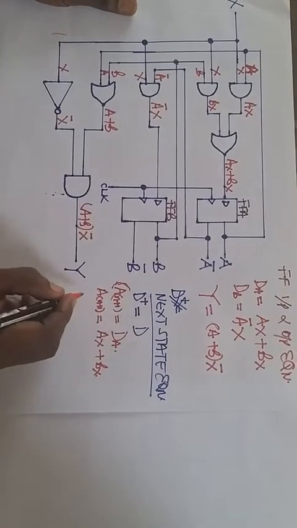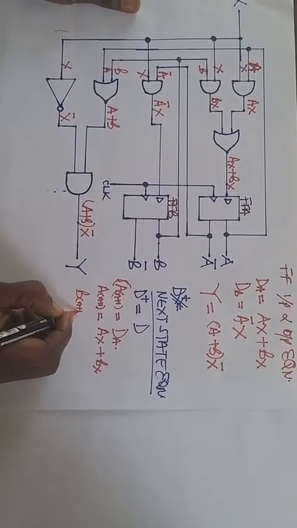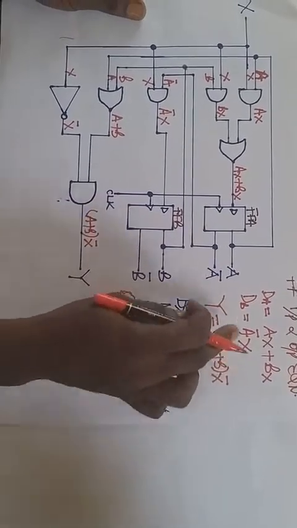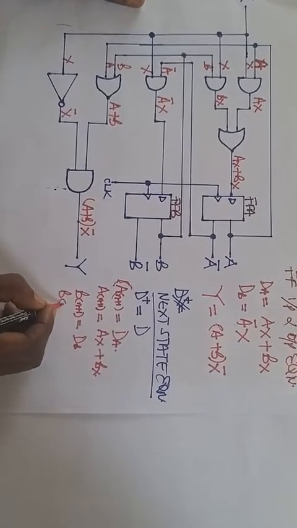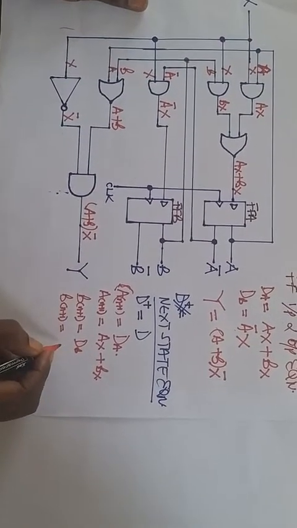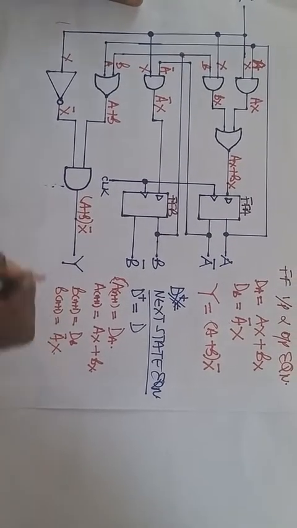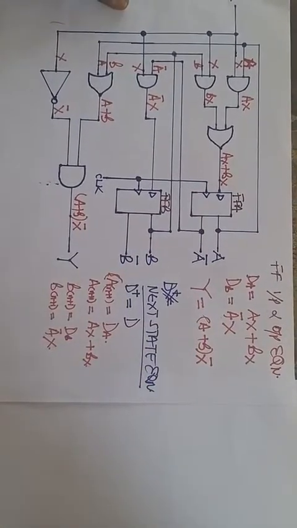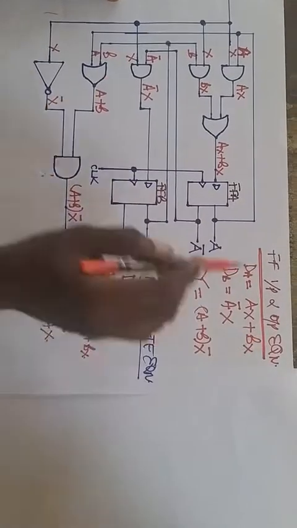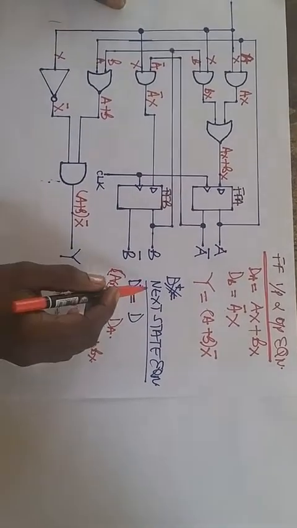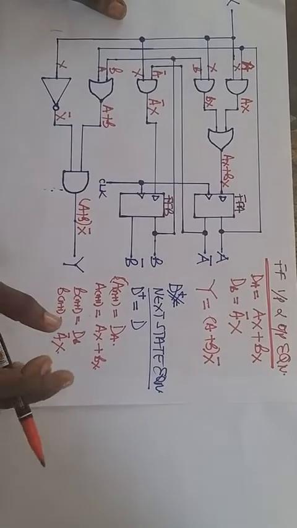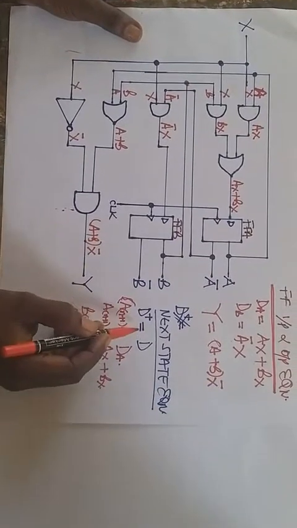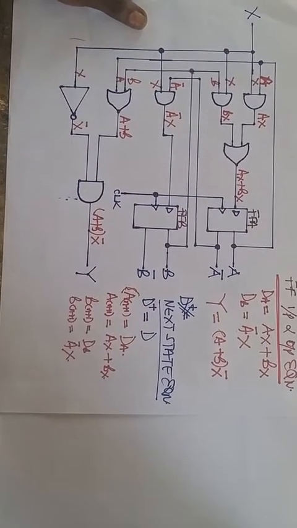For this B, the next state is going to be equal to DB, and DB is equal to A bar X. So B(n+1) is going to be equal to A bar X. So here we have our flip-flop input and output equations and our next state equations. Remember, we got our next state equation from the D flip-flop, and for a D flip-flop, this is the characteristic equation.